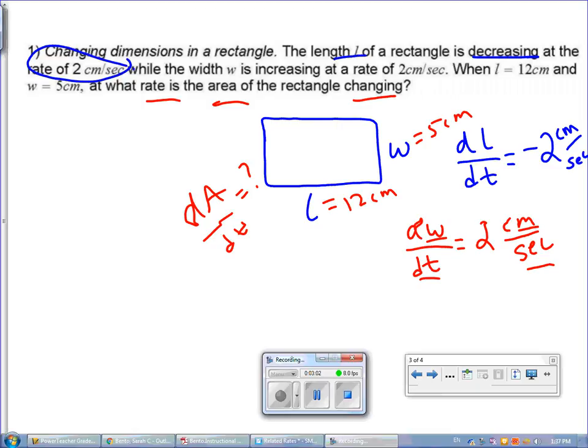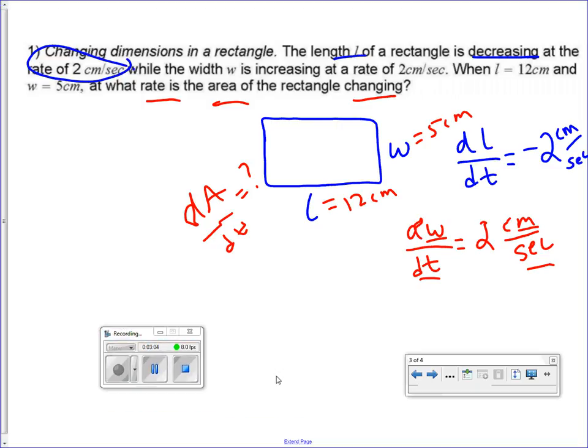So I'm going to create an equation that relates area, length, and width. This is a rectangle. I know the area of a rectangle is length times width. So now I'm going to derive that equation. This is going to involve implicit differentiation. I'm going to derive each variable, starting with the left side. The derivative of A is dA/dt.